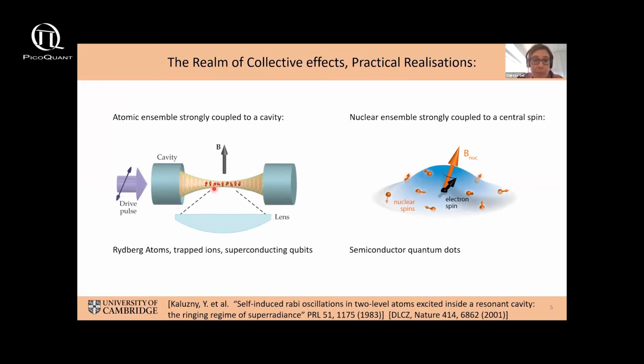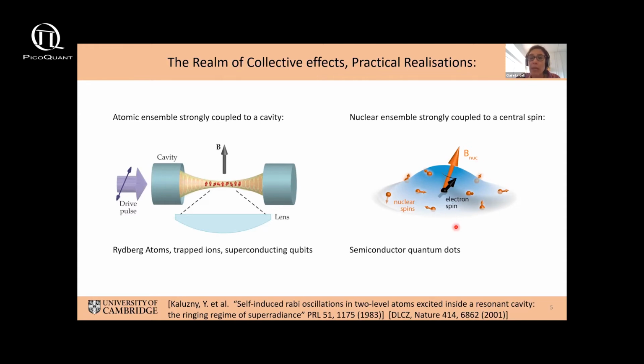The first experimental verification of collective effects came from the Serjarov group in 1983, where they coupled atoms to the single mode of an optical cavity, a single optical mode. And since then, collective phenomena such as superradiance have been observed with Rydberg atoms, trapped ions, superconducting qubits, and they have long been proposed, as early as 2002, I think, roughly, to occur as well in a quantum dot.